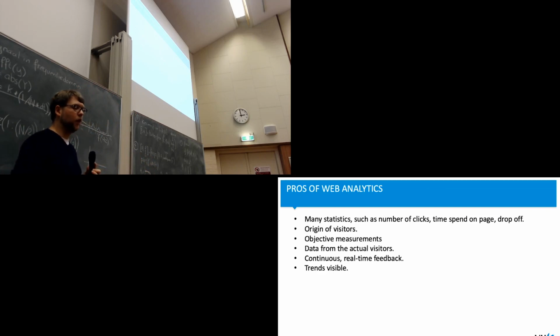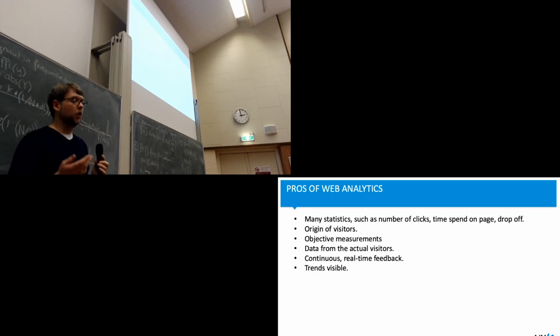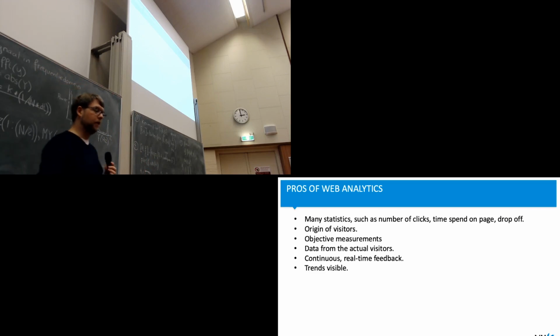So the advantage of using weblogs is simply that you get a lot of statistical data from all kinds of users. You have broad visitors, all kinds of visitors you can log. You have objective measurements because you have statistical data automatically logged by the server or client-side by a JavaScript application.